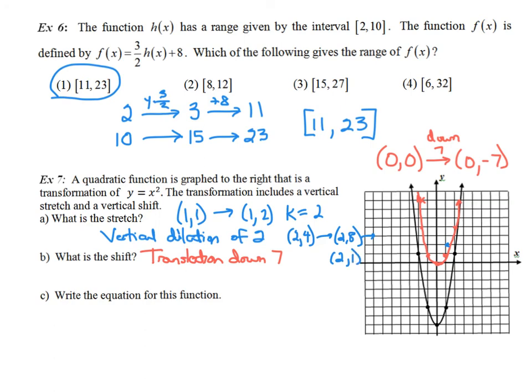Did I end up at that new point 2, 1? Yes, that's right there. So I know that I must have a vertical dilation of 2 and a translation down of 7. What does that equate to in my equation? Y equals the x squared is being multiplied by 2, and then that answer I can subtract 7. Now we can always check our answer by entering this into my graphing calculator, y equals 2x squared minus 7, and be sure that you get the graph that we were given to begin with.